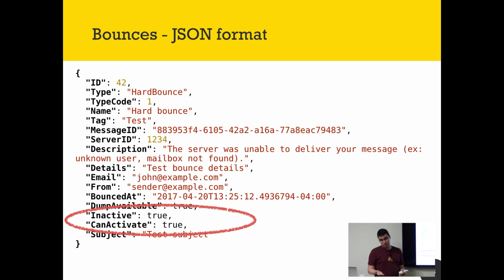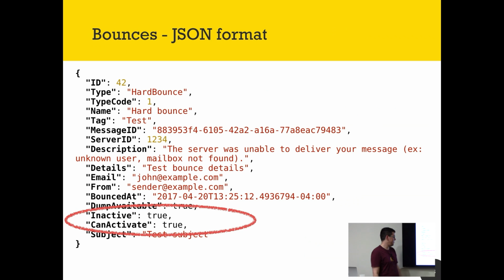We also want to protect you so that you're not spending a bunch of money trying to send to email addresses that don't exist. For hard bounces, let's say a user just set up their new domain and didn't put in the MX records the right way, you can reactivate it and say, no, this address is cool now. For a spam complaint, we say you can't reactivate it. The user doesn't want to hear from you anymore.